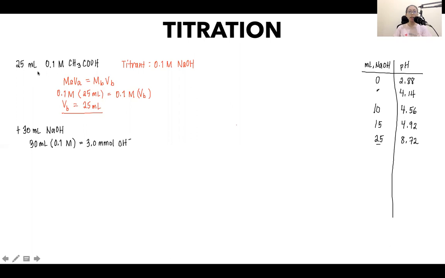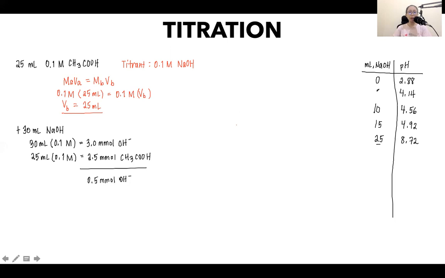Again, initially we have 25 mL times 0.1 molar acetic acid. That means initially we have 2.5 millimoles of acetic acid. Now we see that 2.5 millimoles of hydroxide ions will neutralize this amount of acetic acid, and you will be left with 0.5 millimole of hydroxide ion.